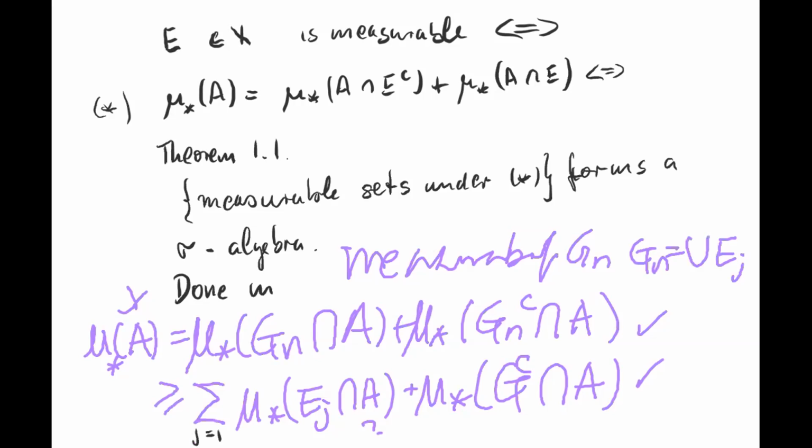If I put in J equals 1 to N, you okay with it? Then the inequality still holds, and it holds for all N. But I don't know why that's the case, because for G_N, when you do the union, isn't the sum greater than the measure of G_N? Yes, it is. So I think this part gives us a measure.